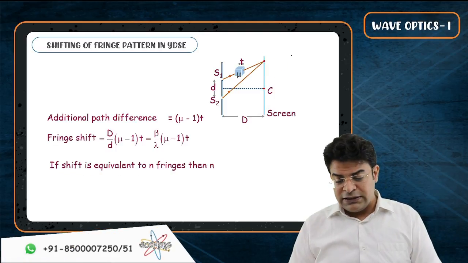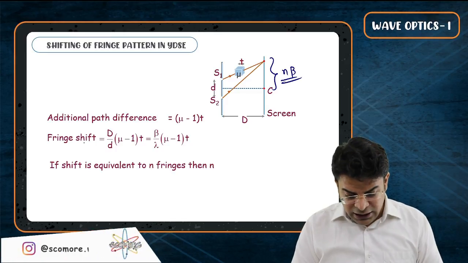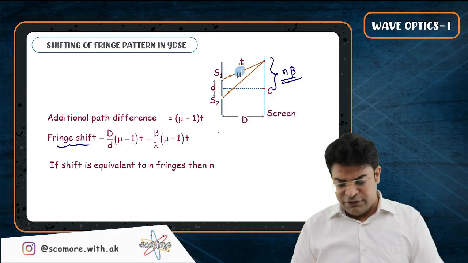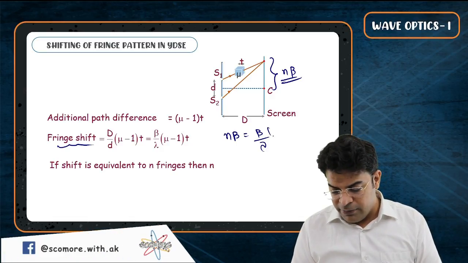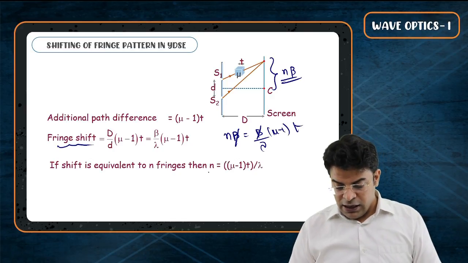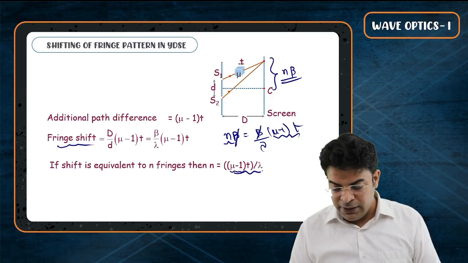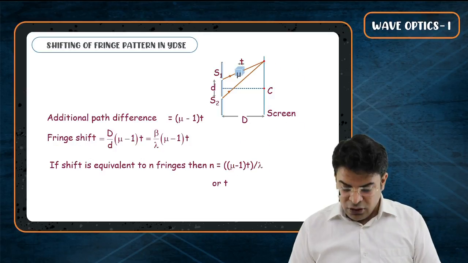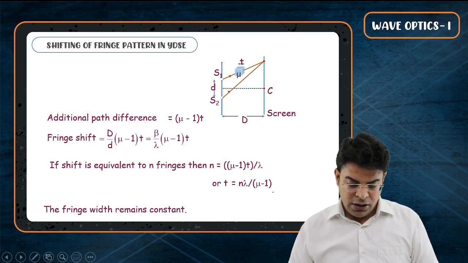So n fringes are at a distance of n beta. So here if you substitute n beta on the left hand side, you will get n beta equals beta by lambda into mu minus 1 into t. So you can cancel out beta and find that n comes out to be mu minus 1 into t by lambda. Or you can rearrange and write t equals n lambda upon mu minus 1.